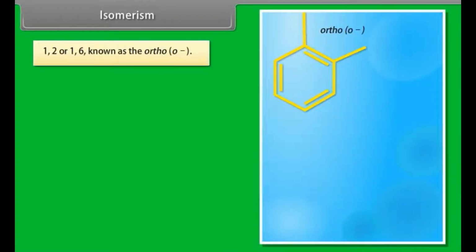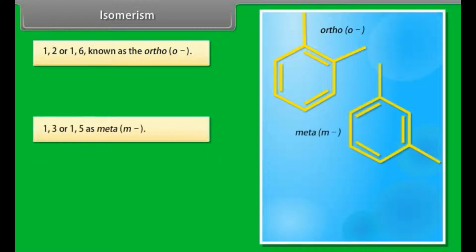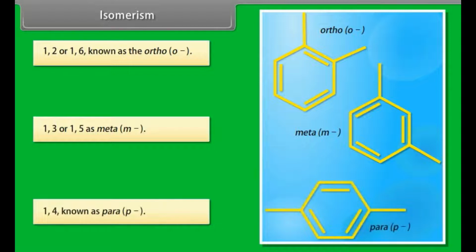First one is 1, 2 or 1, 6, known as ortho. Second one is 1, 3 or 1, 5, as meta. And the third one is 1, 4, known as para, disubstituted compounds.